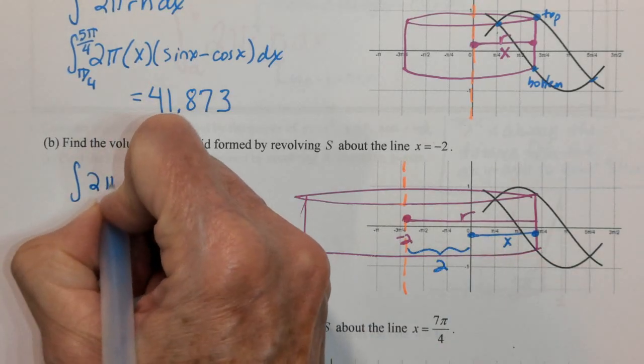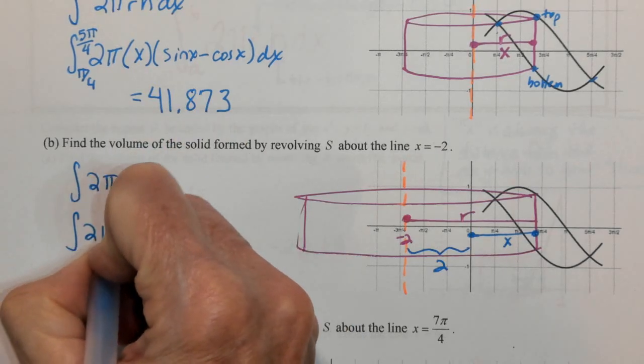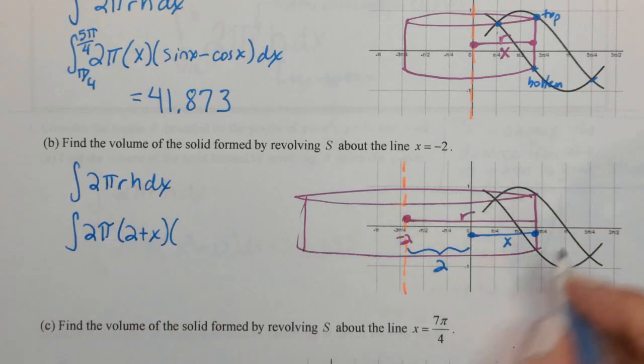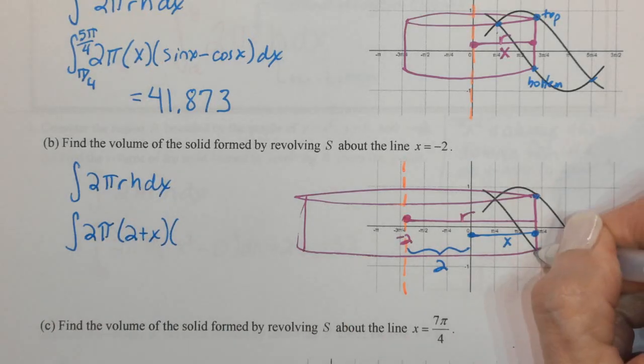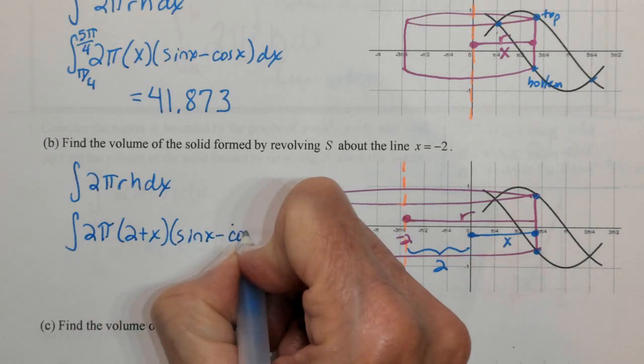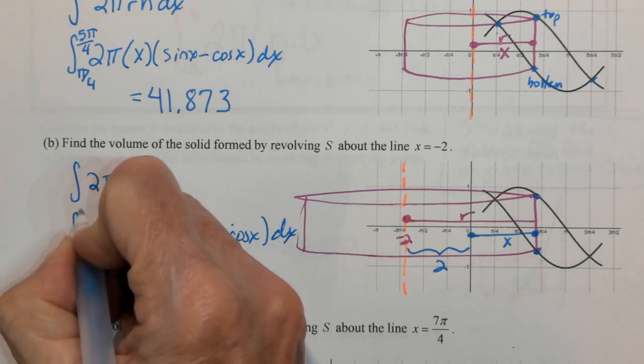So integral 2 pi rh dx, r is going to be 2 plus x. H is top minus bottom, sine x minus cosine x. And our boundaries are still the same.